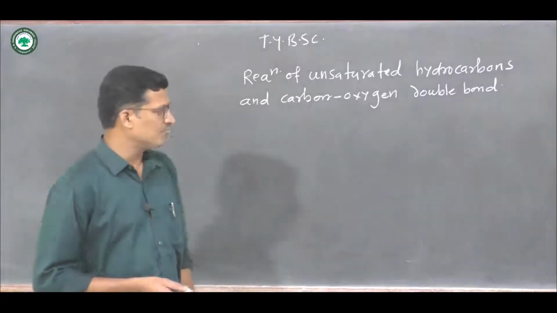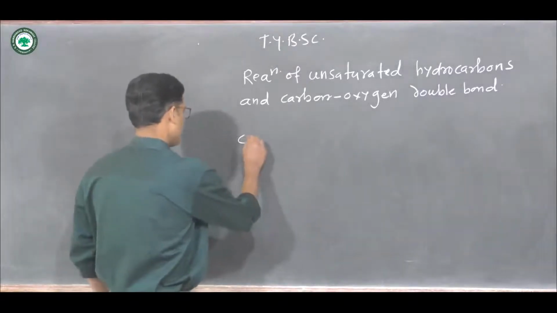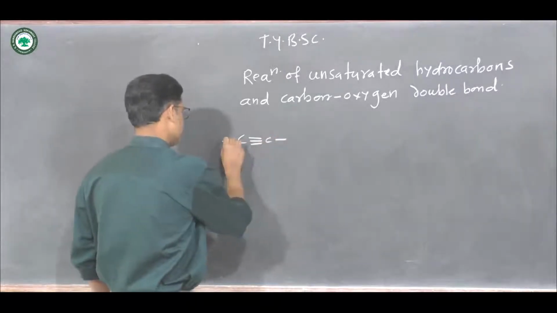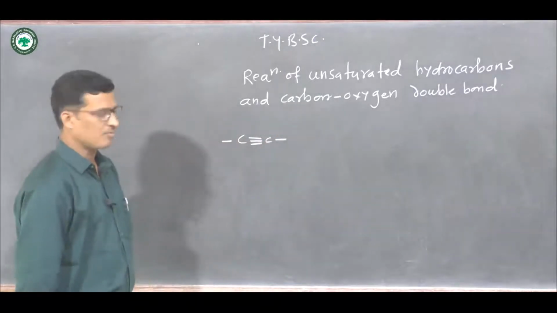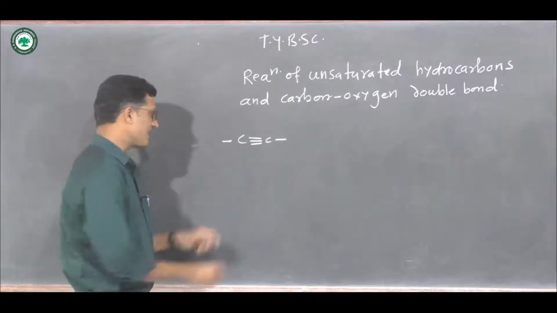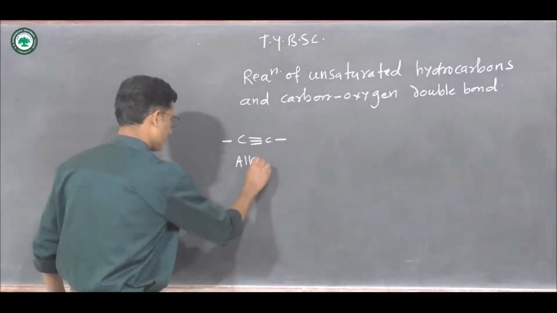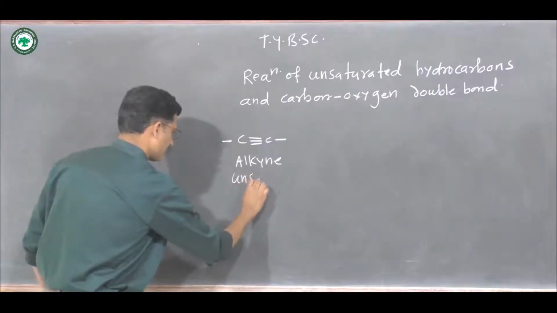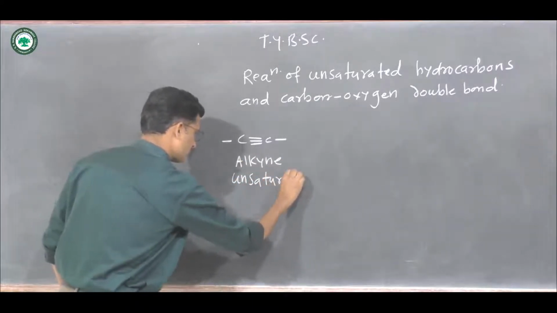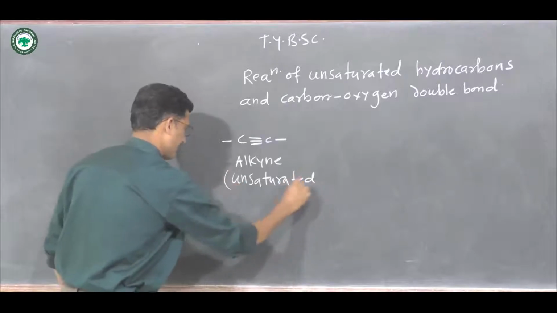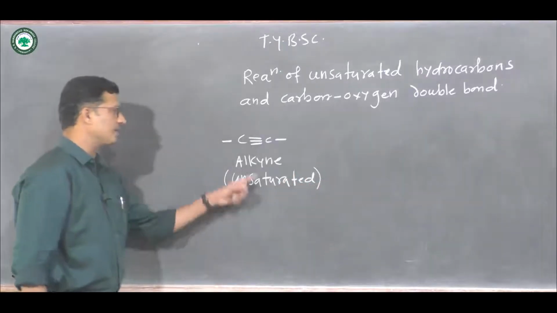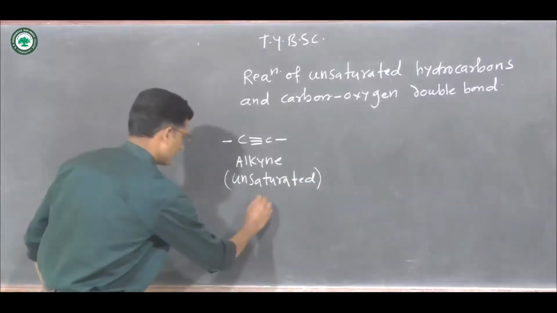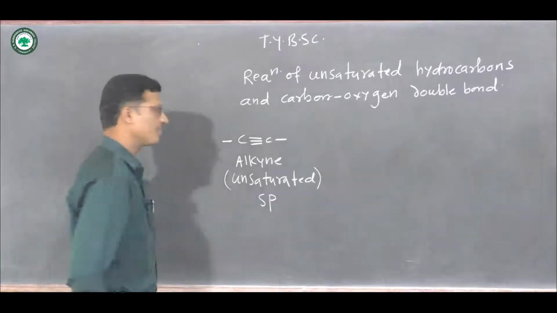When we take one simple example, a compound containing a carbon-carbon triple bond is the alkyne, and this alkyne is unsaturated. In case of alkyne, this carbon has sp hybridization.